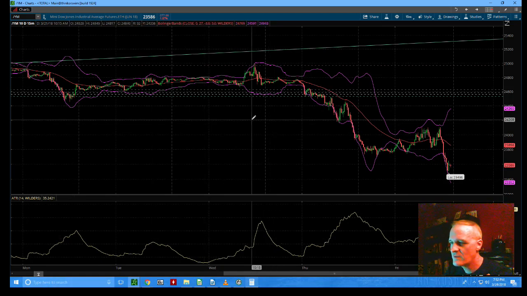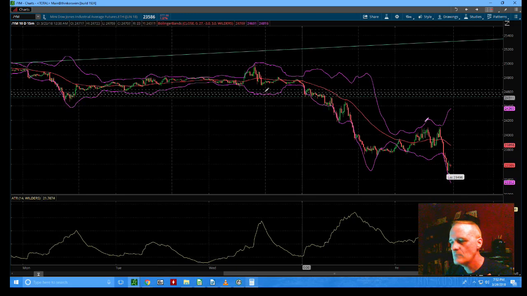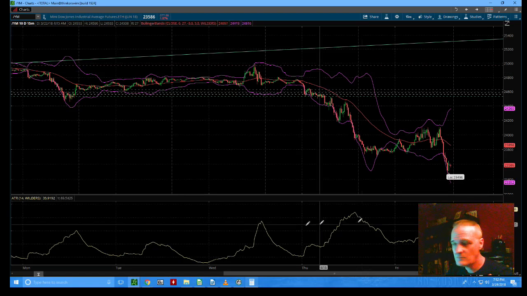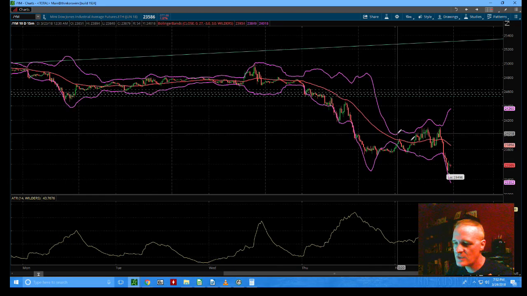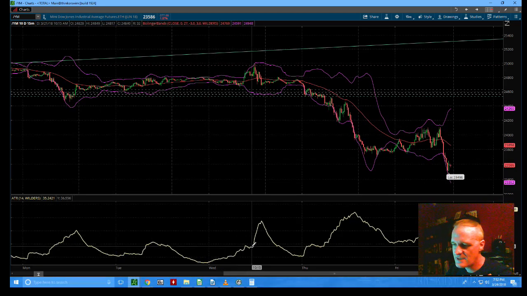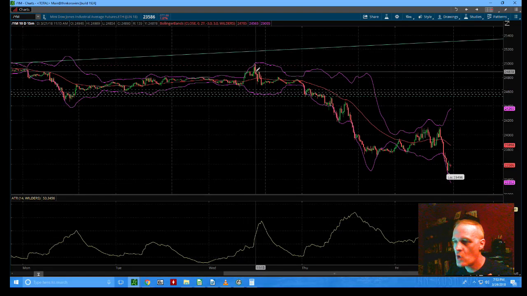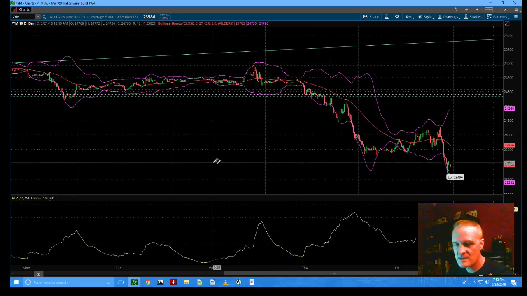So one of the things that was interesting on days when the S&P and the Dow and all the other indices had a very strong down day was, if you take a look back on that day, generally speaking, you saw that increases in ATR tended to coincide with strong downdrafts in price.